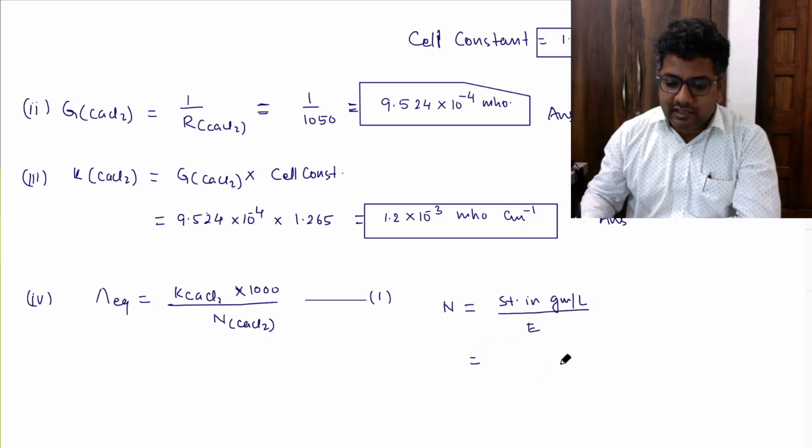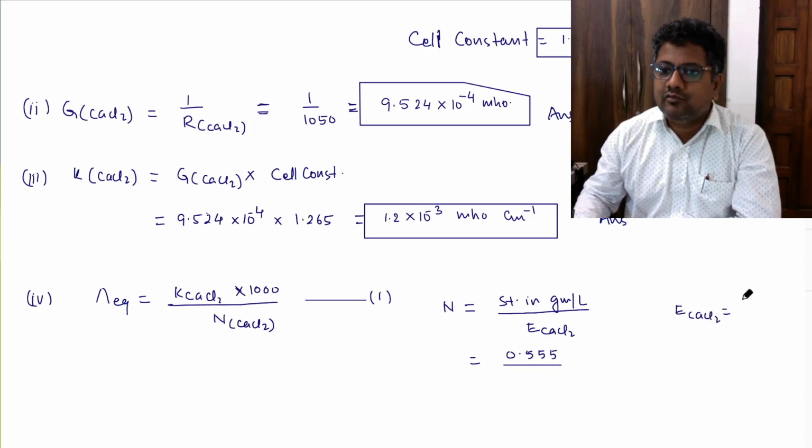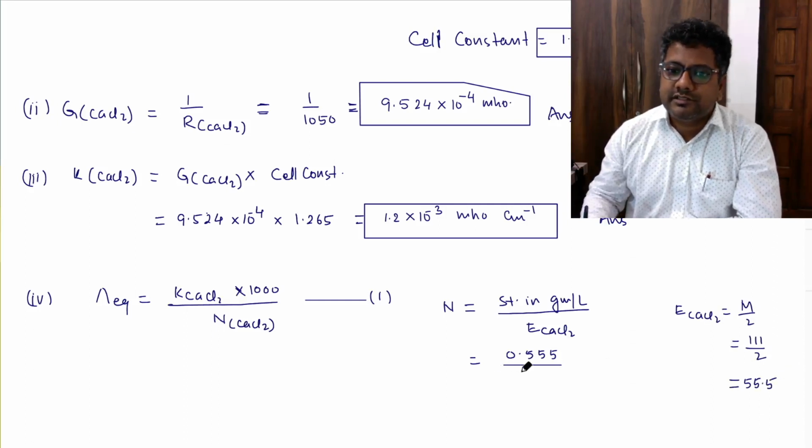The strength they have given is 0.555, divided by the equivalent mass of calcium chloride, which is molar mass by 2. So this is 111 by 2, which is 55.5.